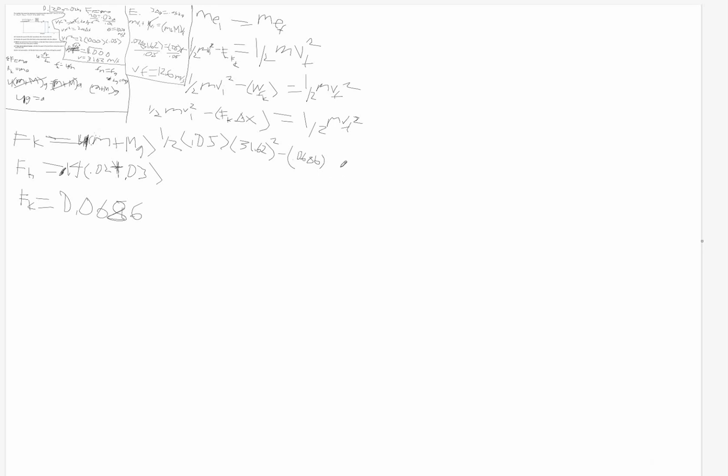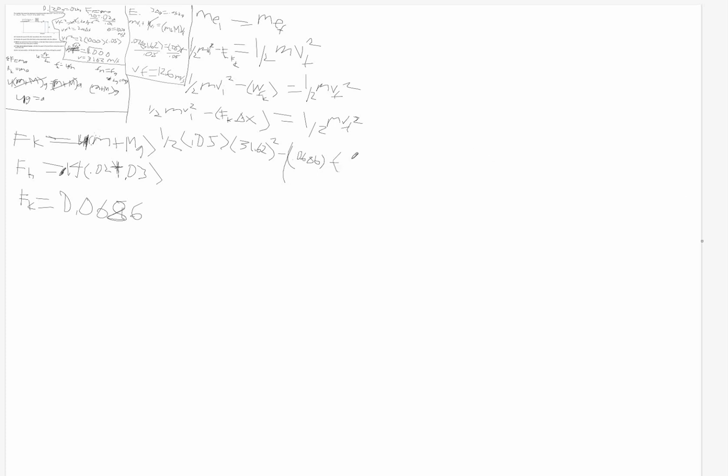Parentheses, that times 0.0686 times that change in x, and we know that the change in x is just the distance that the dart block mass traveled before it fell, and it's given to us as variable d, which is 0.05 meters.